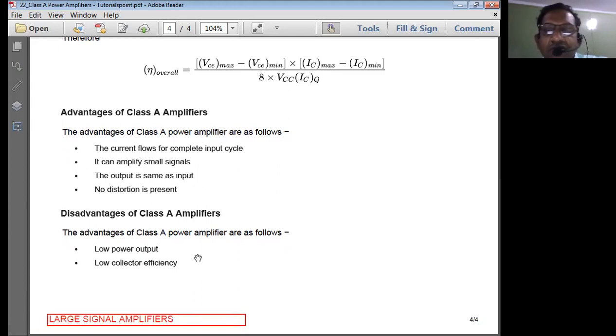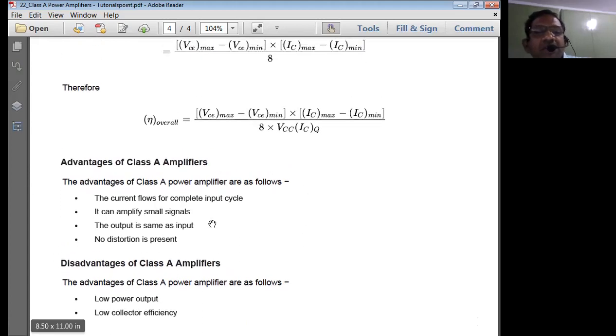The class A power amplifier has a very low collector efficiency. Because efficiency is low, the power output is also low. Therefore, it provides low power output with low efficiency, so we don't prefer this in practical power amplifiers.